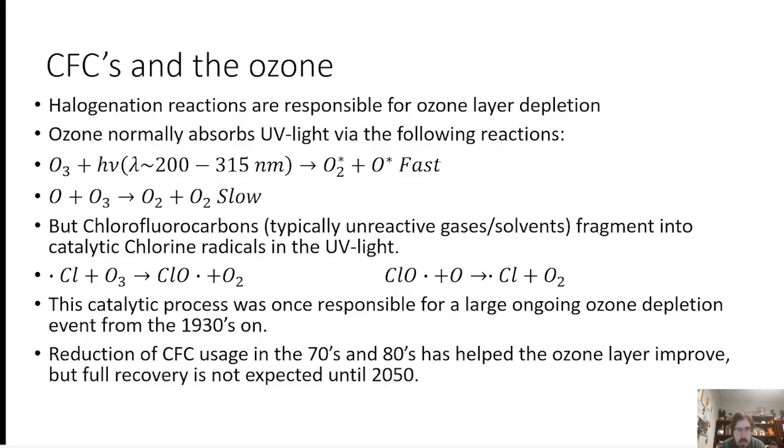So they get released into the atmosphere, they don't react, they don't wash out, so they can get up to the stratosphere where the ultraviolet light concentration is high, and then we zap them apart with ultraviolet light into chlorine radicals. That chlorine radical can then react with ozone, form a chlorine monoxide radical, and that chlorine monoxide can reform a chlorine radical when it bumps into monooxygen.